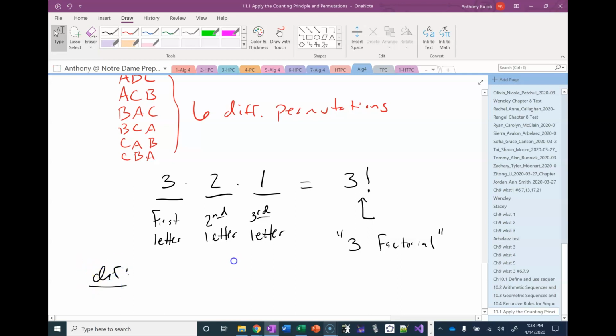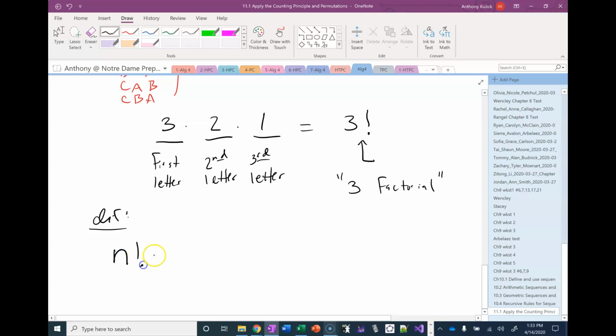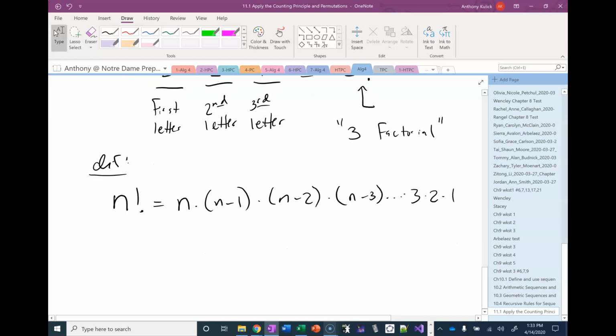So our definition, n factorial is equal to n times n minus 1 times n minus 2 times n minus 3, all the way down till we multiply 3 times 2 times 1.